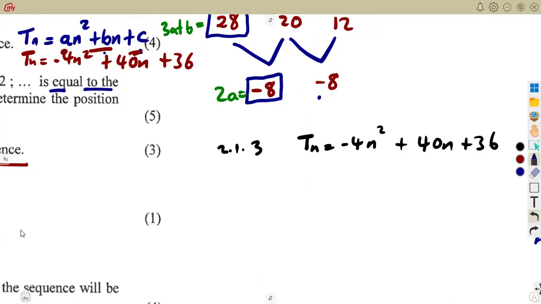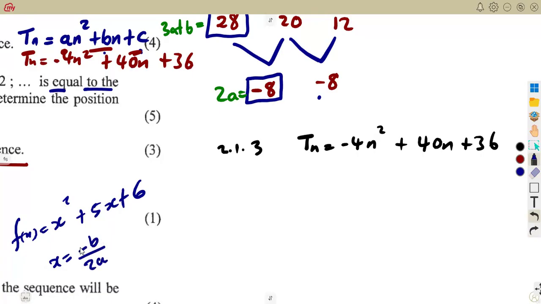If you have got a function, you're actually given something like f of x is equal to x squared plus 5x plus 6, and you are asked to calculate the maximum value of this function. How are you going to calculate the maximum value? There are so many ways. You've got the method of using x is equal to minus b over 2a to find the value of x at the maximum value.